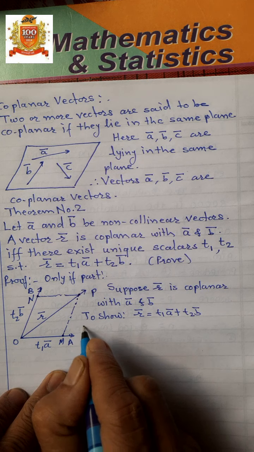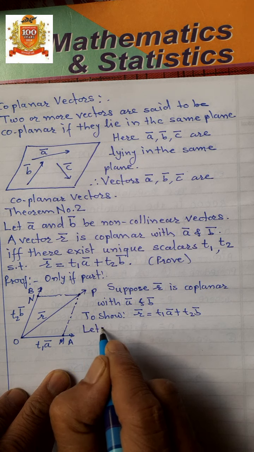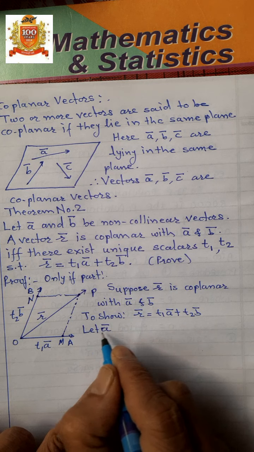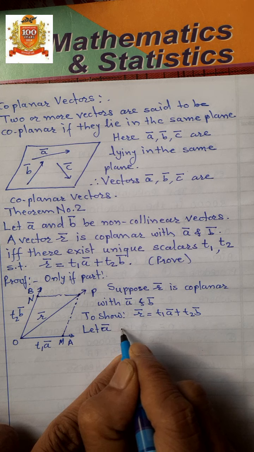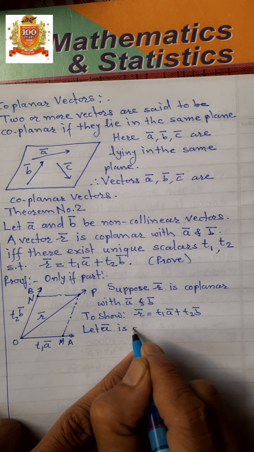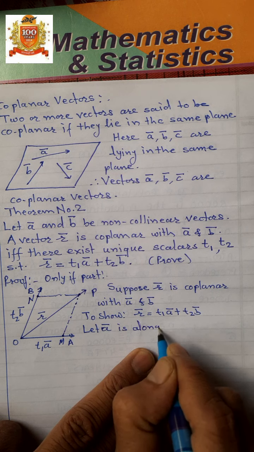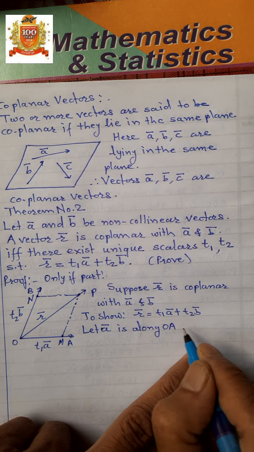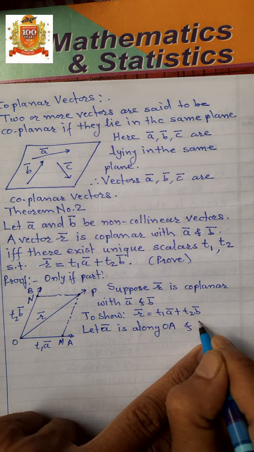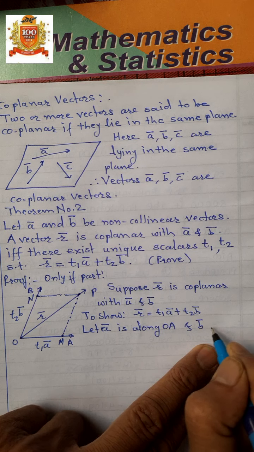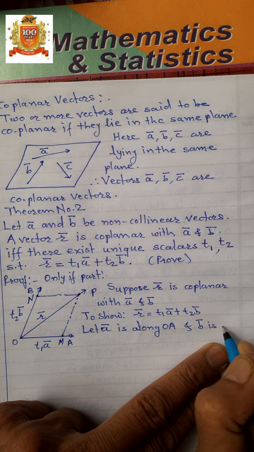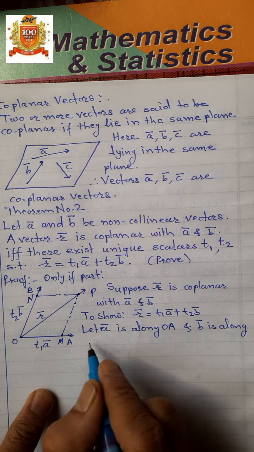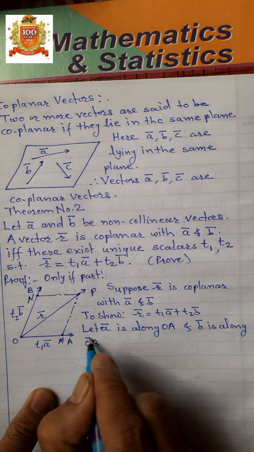Let A bar is a vector along OA and B bar is a vector along OB.